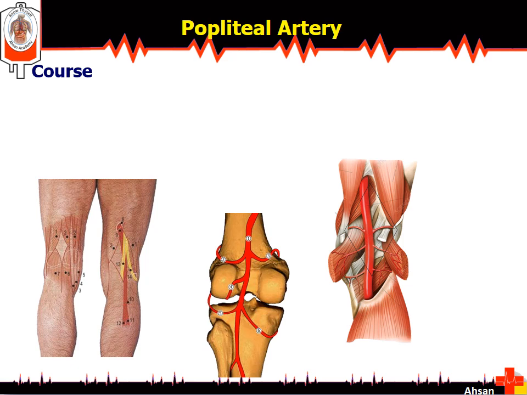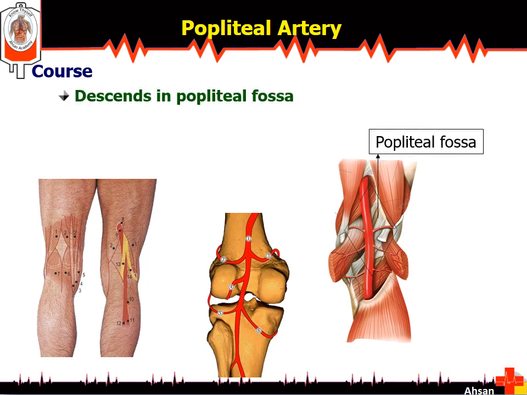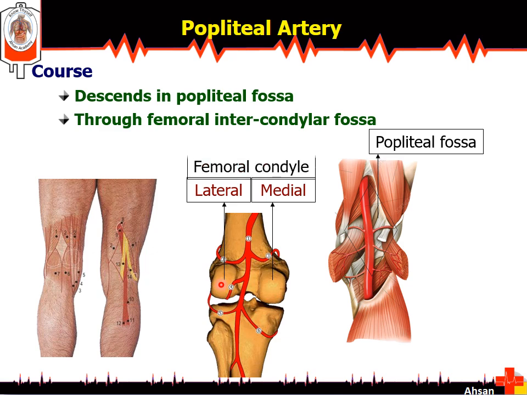After origin from there, it enters into the popliteal fossa and descends in the popliteal fossa. You can see the artery here, all muscles are removed, so it is passing down between these two bony components, and this is known as the lateral, and this one is the medial femoral condyle of the lower end of the femur. So the area in between is the intercondylar fossa or intercondylar area.